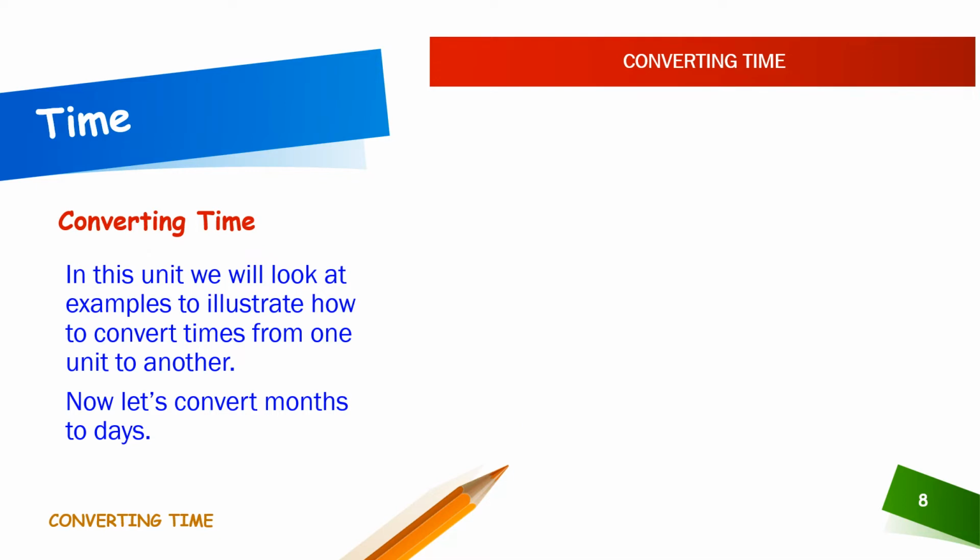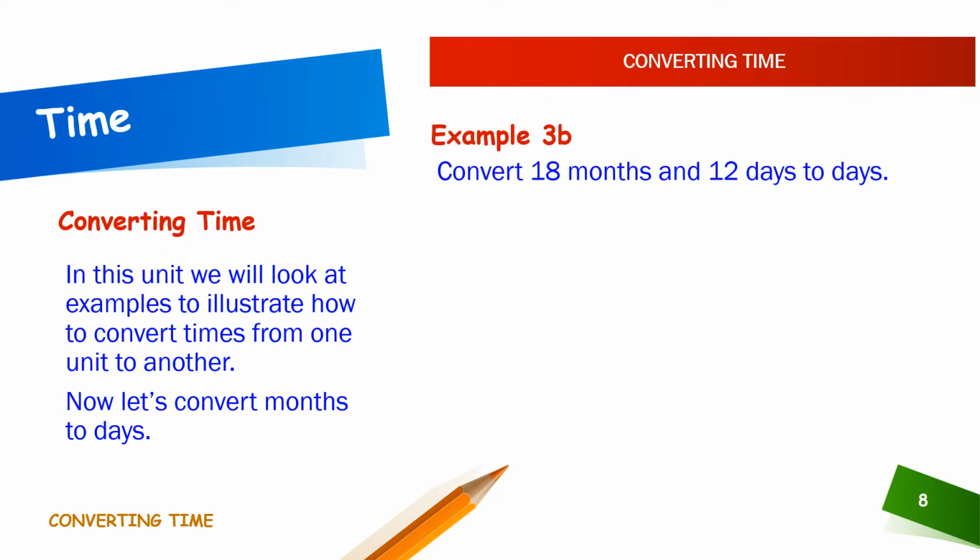We now continue to convert months to days. Let's convert 18 months and 12 days to days. Pause the video and have a go. Press play when you're ready to view the solutions. So let's solve this.